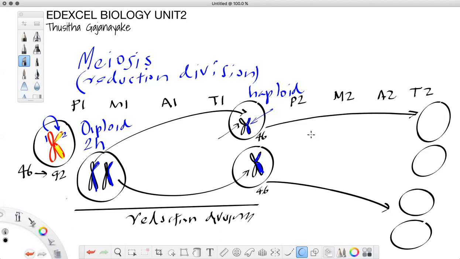So once it divides, one has this, and one chromosome is going here. So the chromosome number is 23 after the divisions.